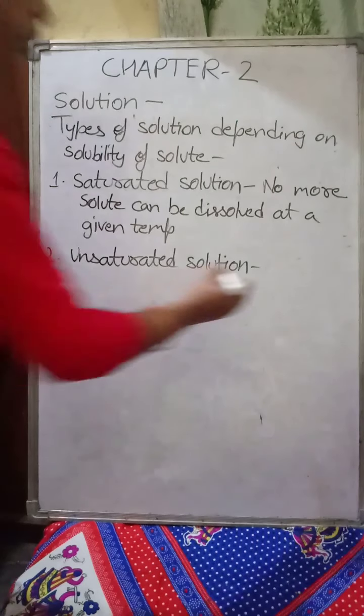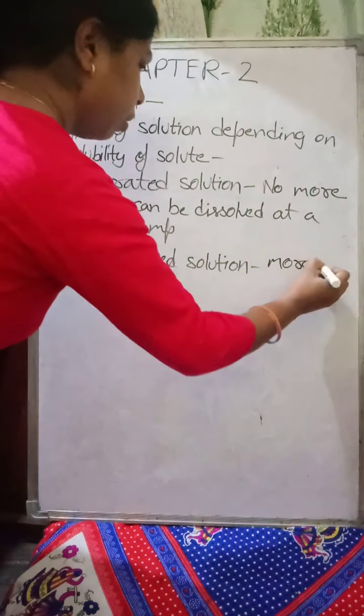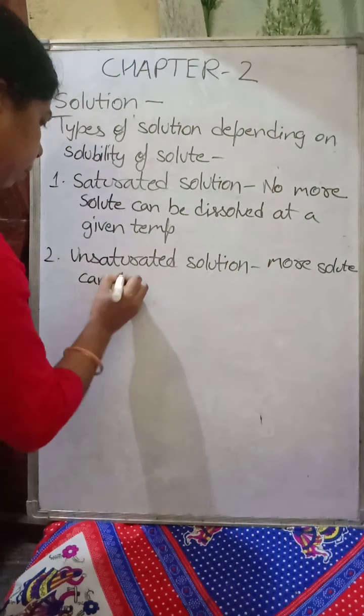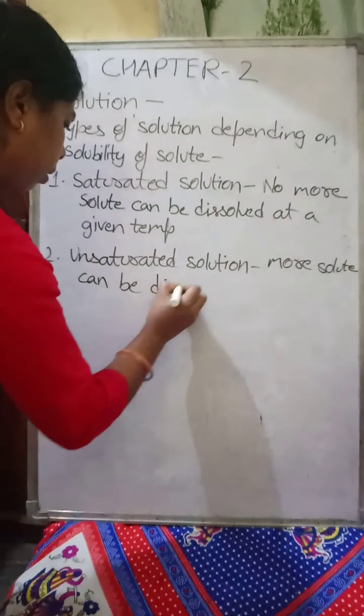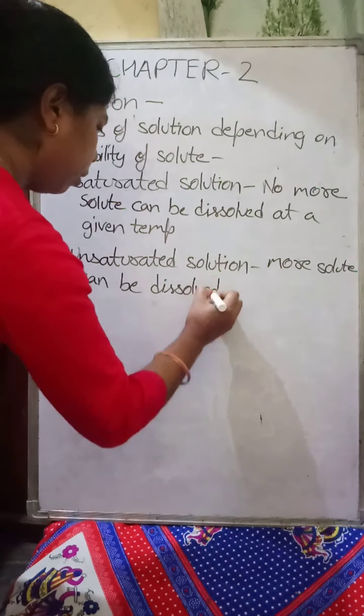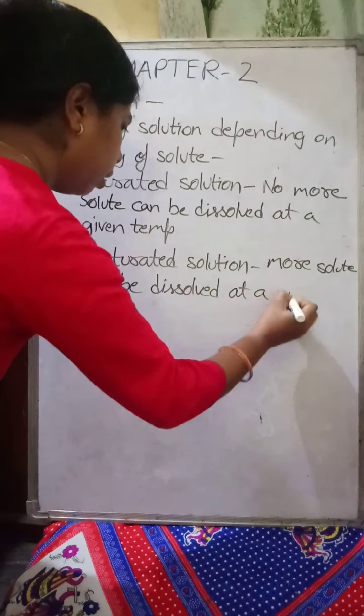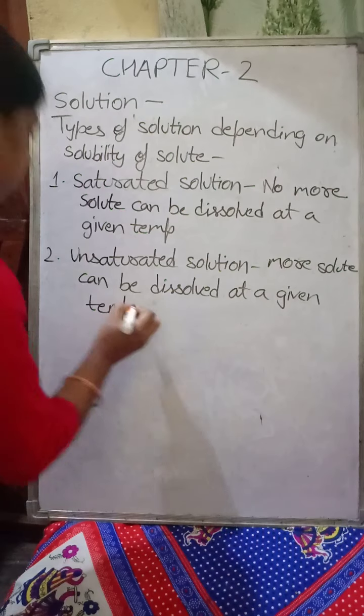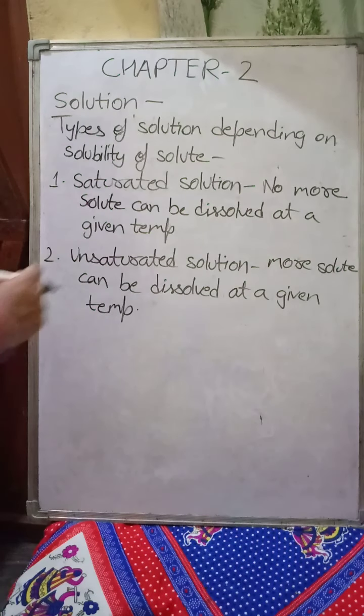The solution in which more solute can be dissolved at a given temperature is called an unsaturated solution. So whatever solution is formed before the saturated solution, that is an unsaturated solution.